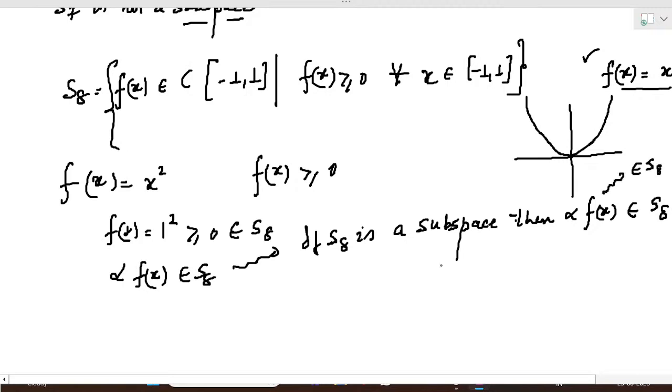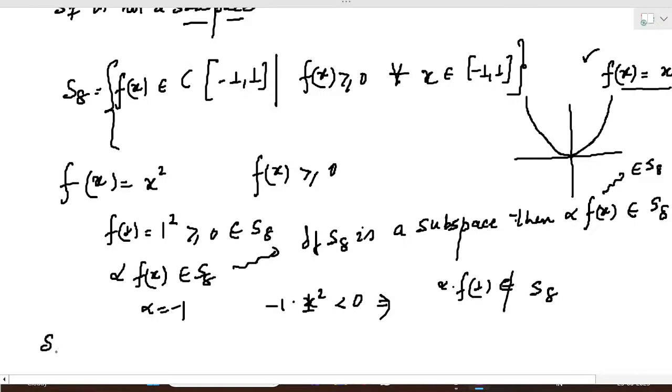But take alpha equal to minus 1. If I take minus 1 into x square, clearly it is less than 0. Or you can say f(1) would be less than 0. So clearly alpha times f is not contained in S8. We can say that S8 is not a subspace. Is that clear to everyone?